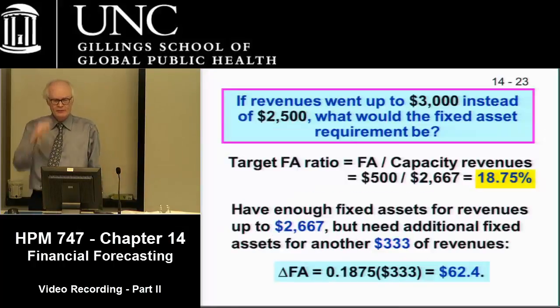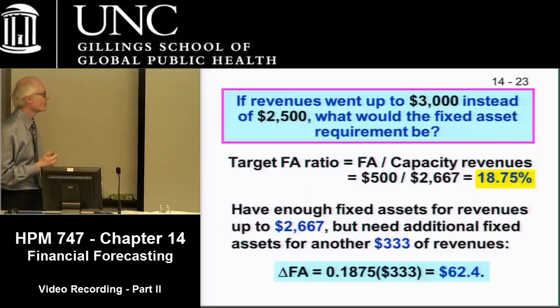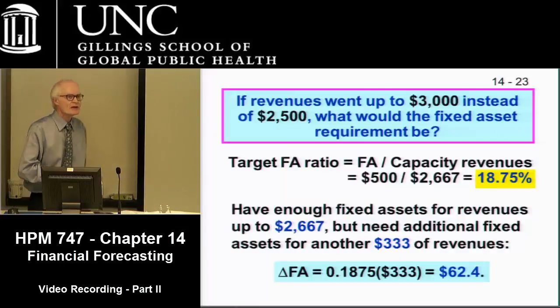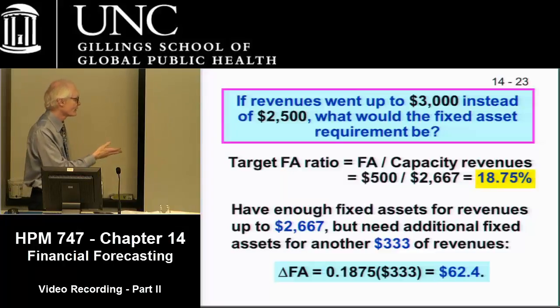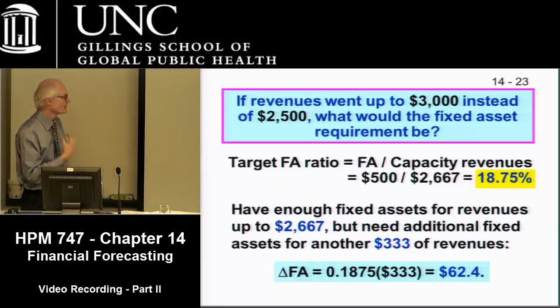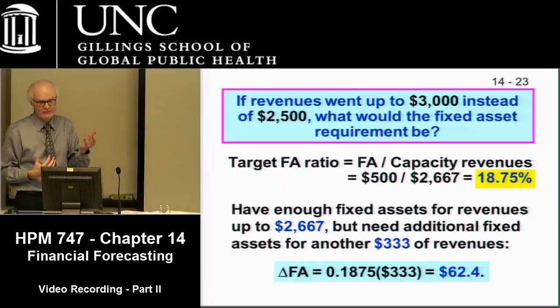If revenues went up to 3 million instead of 2.5 million, essentially that tells us we do have to add physical fixed assets because our projected revenues are greater than our capacity revenues. So then we would have to add an extra $62,000 if we use the 18.75% as the average fixed asset to revenue number.